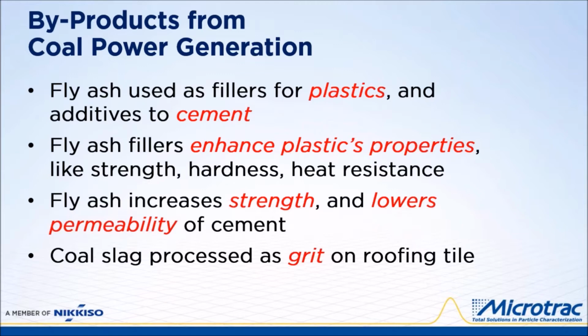Fly ash also enhances plastics' properties like strength, hardness, and heat resistance, and it increases the long-term strength and lowers the permeability of Portland cement. And coal slag is processed to be used as grit on roofing tile.